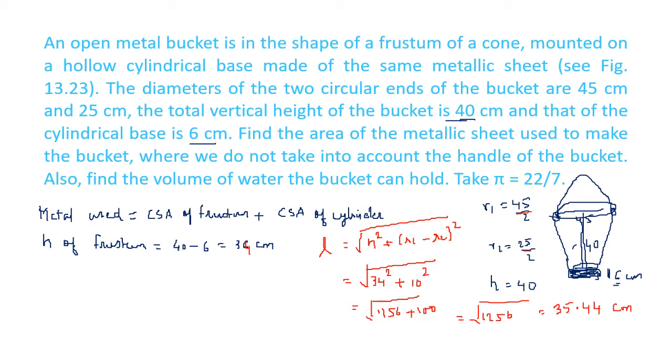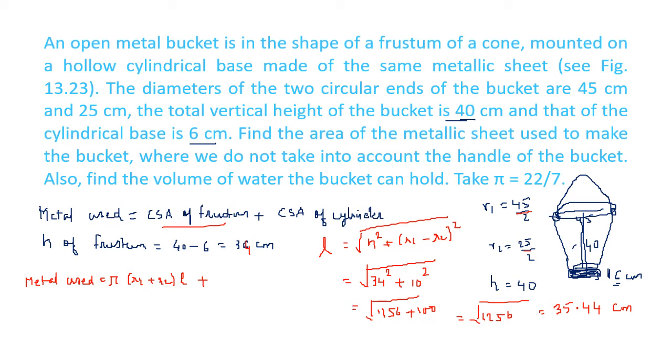So now the metal used is CSA of frustum. What is the formula for CSA of frustum? The formula is pi into r1 plus r2 into L. And the CSA of the cylinder is what? The curved surface area of a cylinder is 2 pi rh.